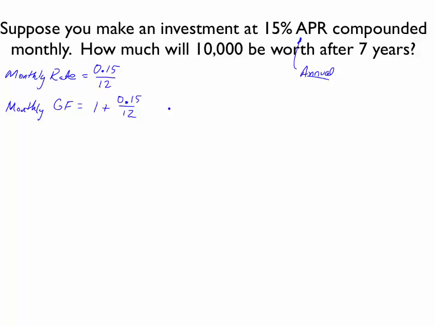And my goal is the true annual rate. So I've got the monthly growth factor. From that, I want to find the annual growth factor. Here's where we make the switch from monthly to annual. The growth factor is what allows us to do that. If I've got the monthly growth factor, how do I get the annual growth factor?